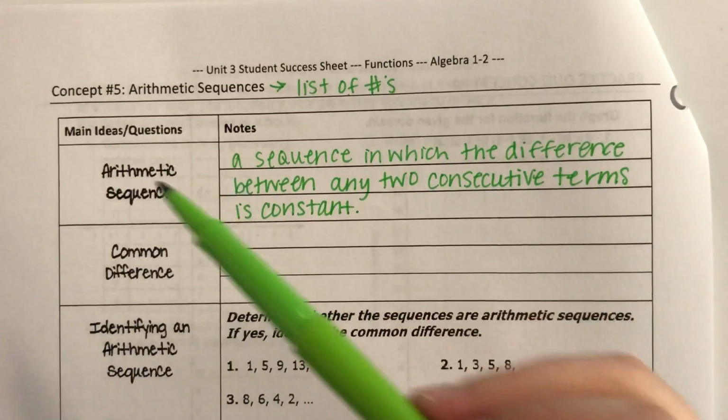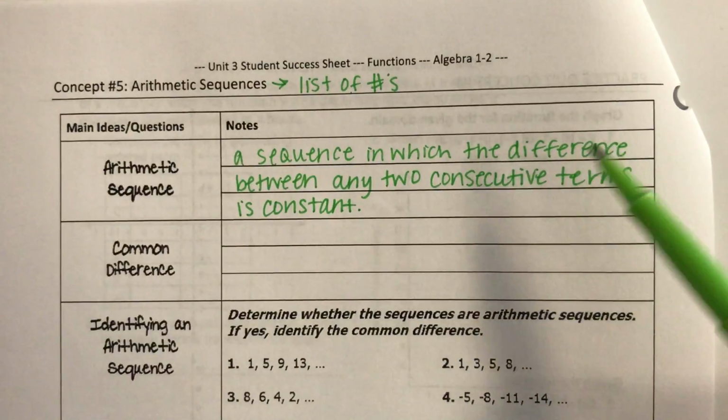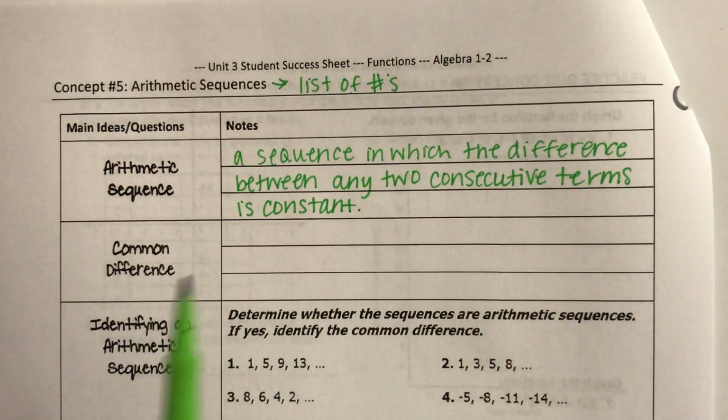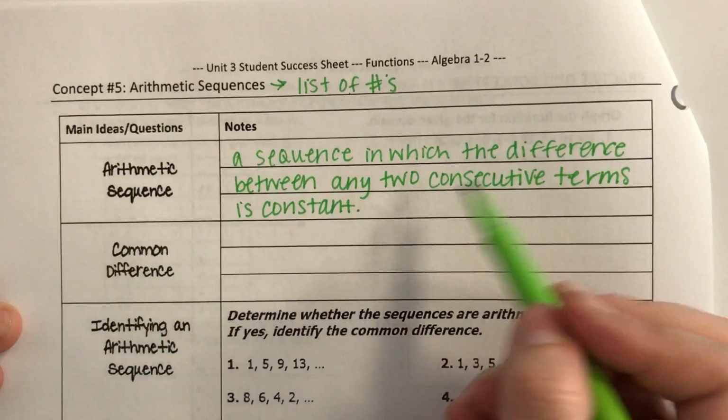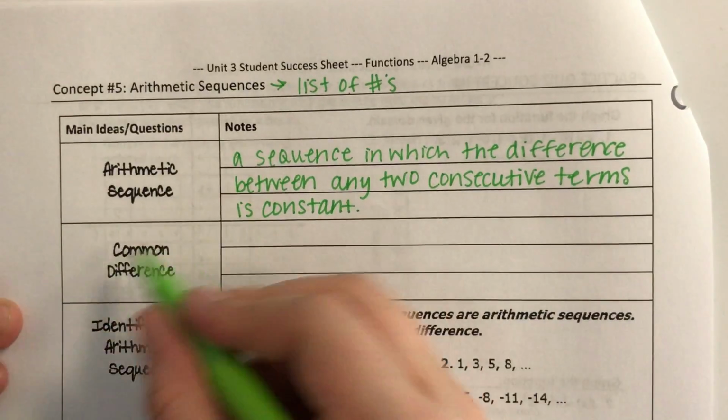Okay? So an arithmetic sequence is a sequence in which the difference between any two consecutive terms is constant, meaning I can subtract one from the other and get the same thing every single time. Okay? That constant difference is called the common difference.